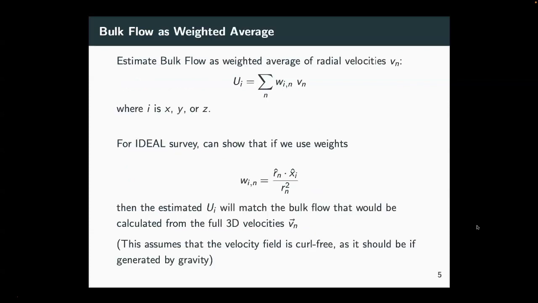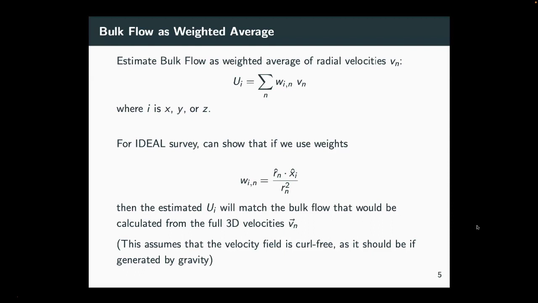Okay, so mathematically, the way we calculate the bulk flow is we do a weighted average of the radial velocities. Each direction, x, y, and z, is going to have a different set of weights. Then you just sum the radial velocities times those weights to get the three components, ux, uy, and uz.